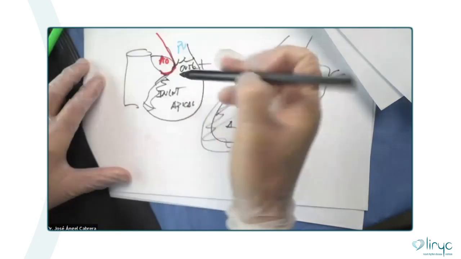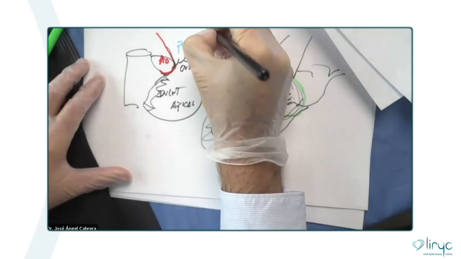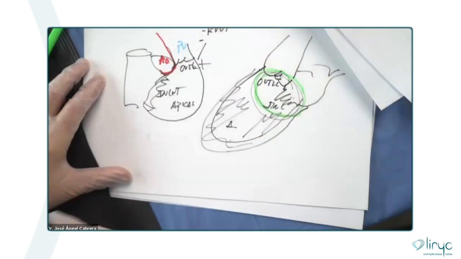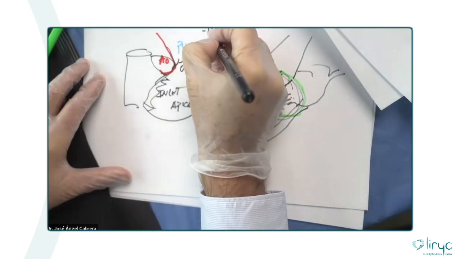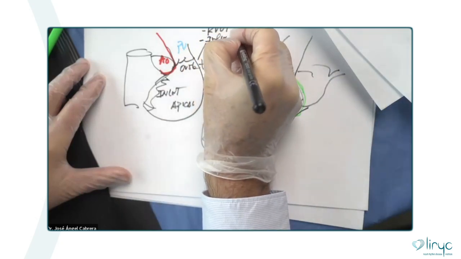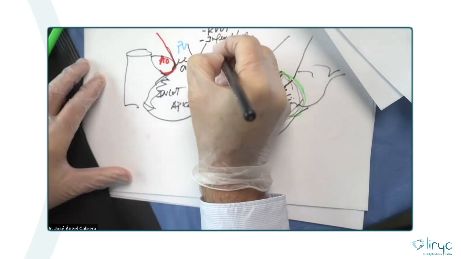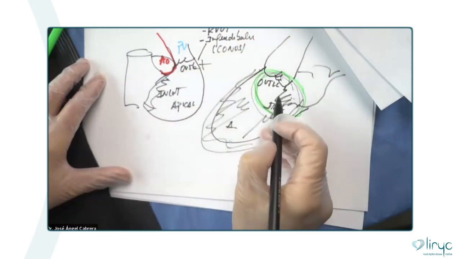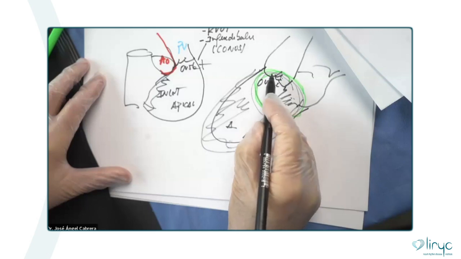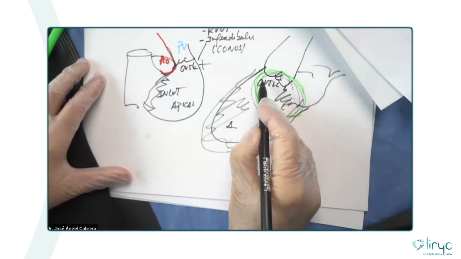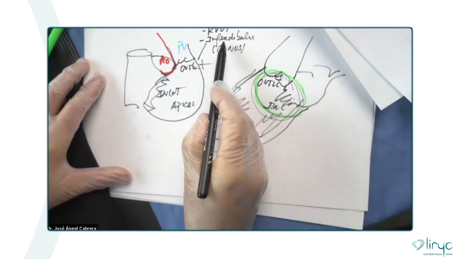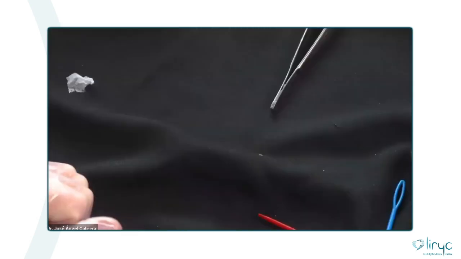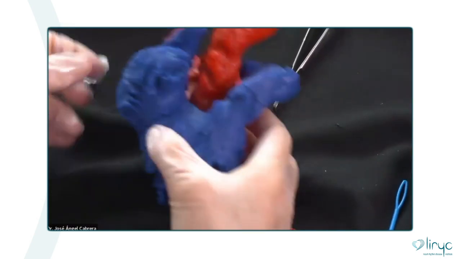We use the term outlet for the right ventricular outflow tract, and we also use the term infundibulum or conus for the right ventricular outflow tract. However, for the left ventricular outflow, we can use the term left ventricular outflow tract or outlet, but never infundibulum or conus. Let's see again in this endocast.